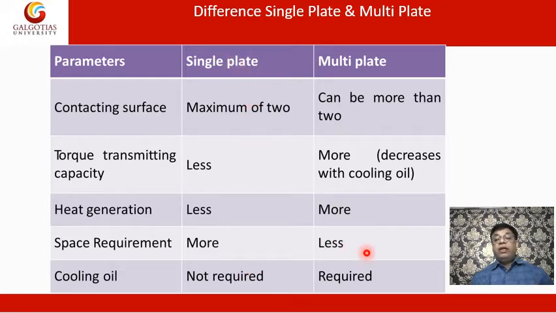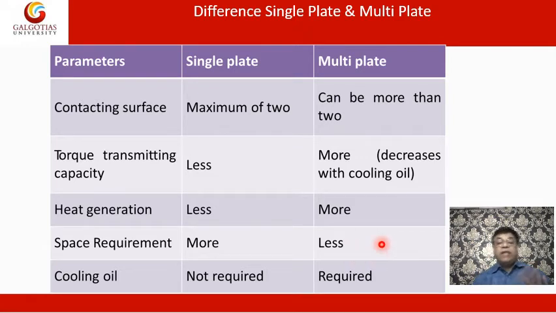Where there is a small radial distance, then we should go for the multi-plate clutch. So the multi-plate clutch requires less space and can be accommodated in less space.